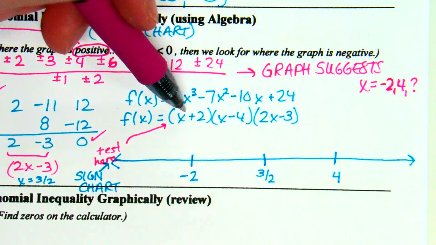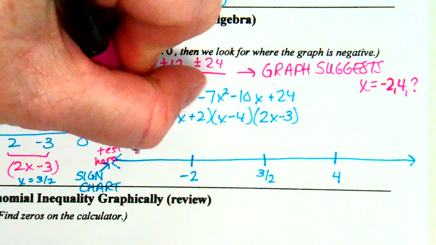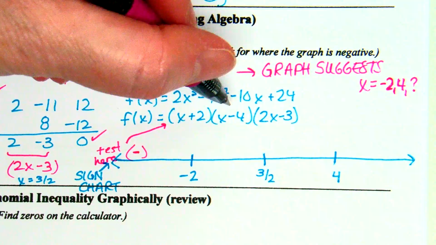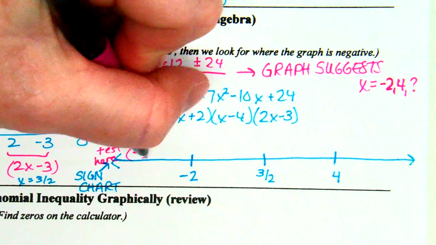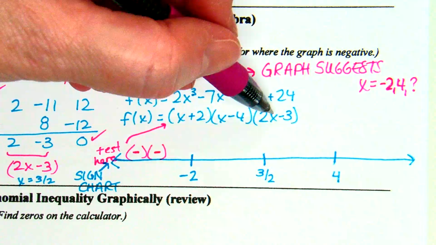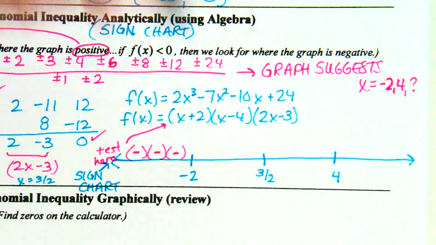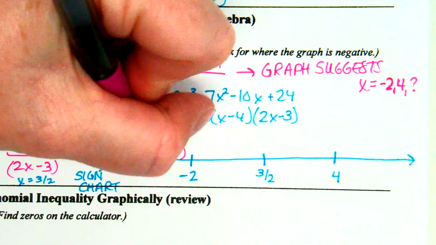So -3 plus 2 or -4 plus 2 or whatever is negative. -3 minus 4 is negative. 2 times negative 3 minus a negative is a negative. What's a negative times a negative times a negative? So this section of the graph is going to be negative. If it's to the left of a negative number, would it almost always be negative? Not necessarily. Nope, not necessarily. Okay, between -2 and 3 halves.